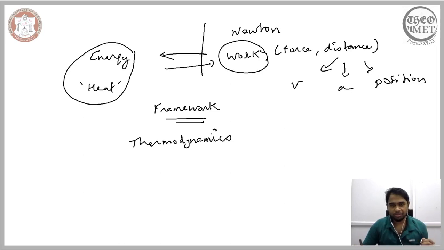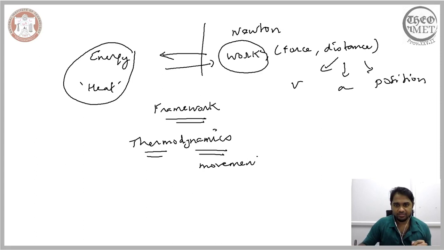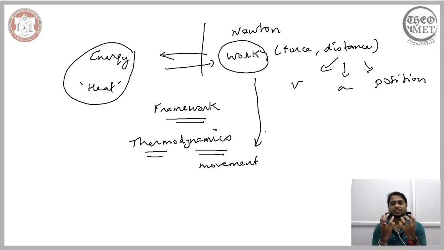I don't know, you might already be familiar with what these terms mean. Thermo is nothing but heat, and dynamics is movement. And this movement is largely associated with the work we do, because we saw the expression for work, it has to do with the movement of a given object. So essentially what thermodynamics does is it considers the interplay of energy and work, how they combine with each other, how one can be translated to the other.